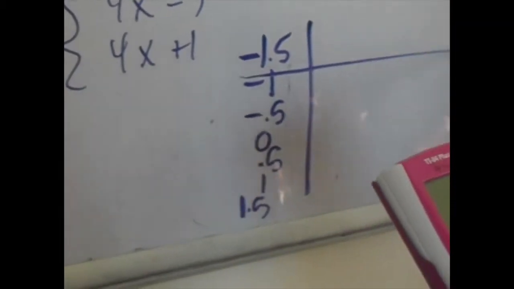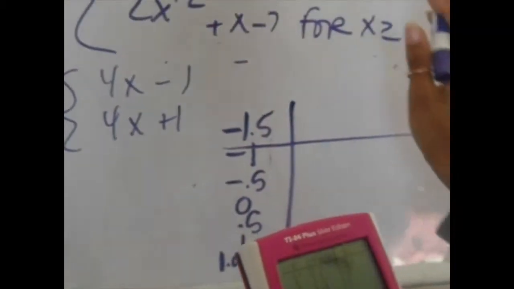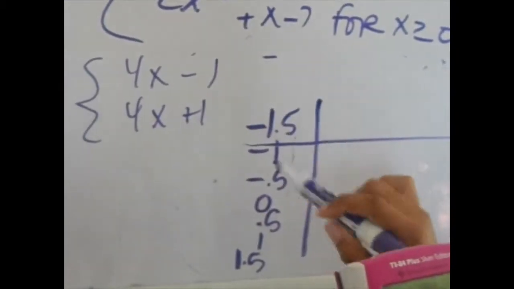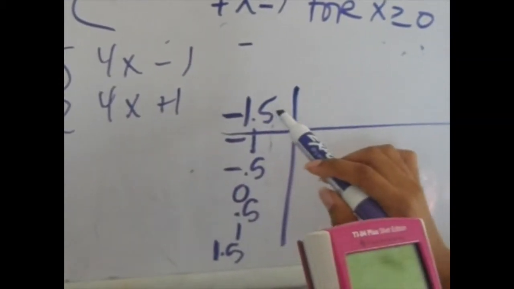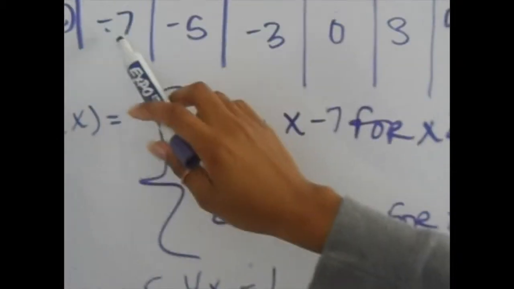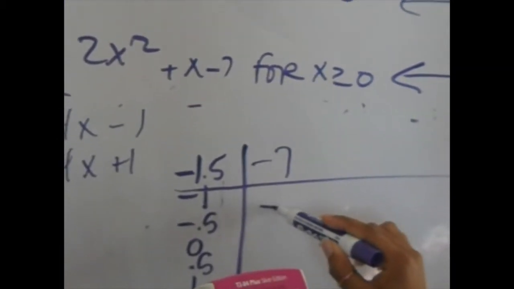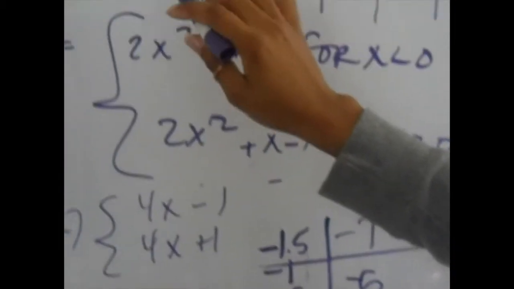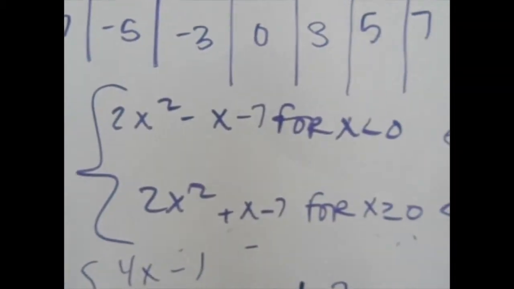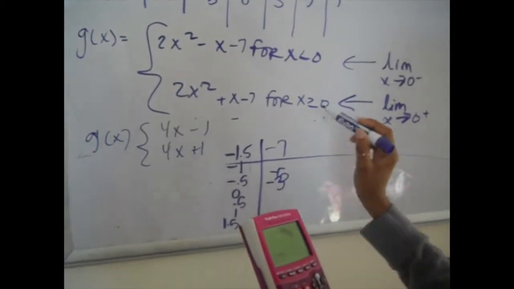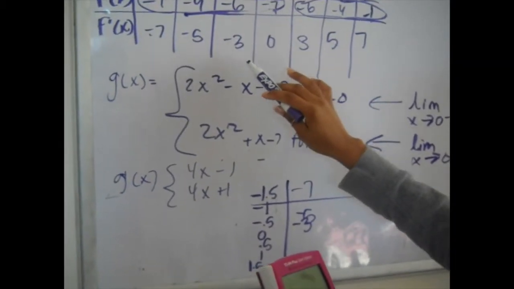When we're going from the left-hand side, we're using the 4x minus 1 function. For negative 1.5, you get negative 7, which is exactly what you get up here. For negative 1, you get negative 5, which is exactly what you have for f prime of x. For negative 0.5, you get negative 3, which is exactly what they have up here.